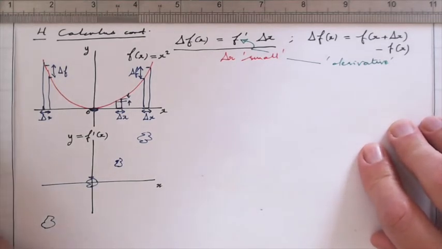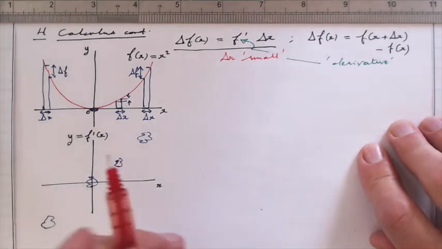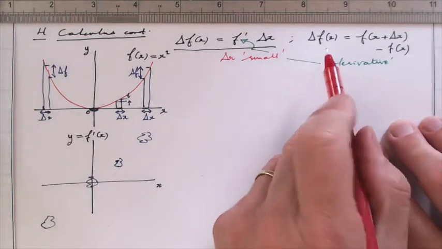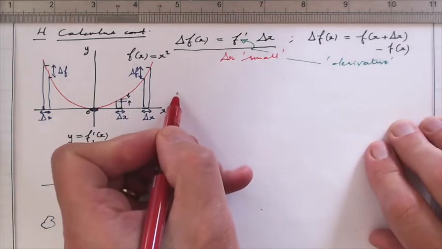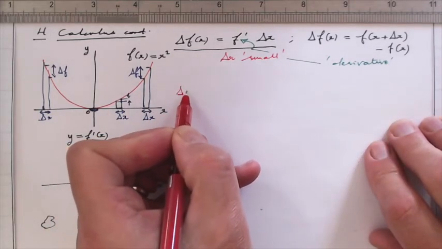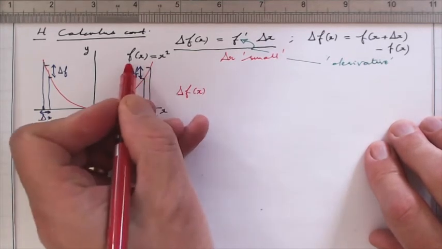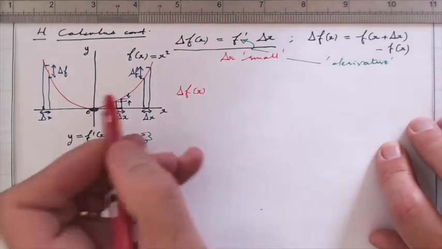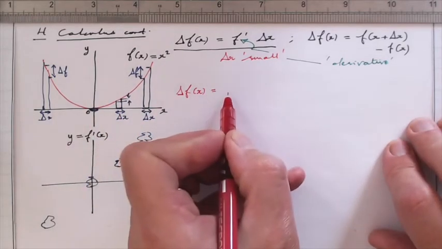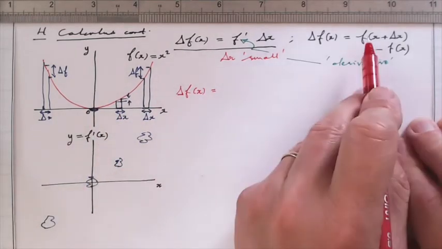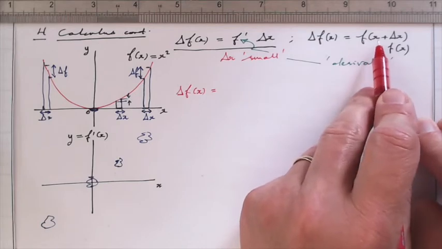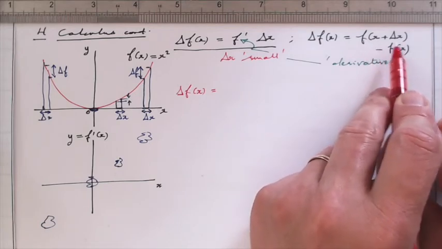And let me do this in a different color. I think I'll choose red. So we would like to calculate delta f, where f is x squared, and it's the function evaluated at this neighboring point x plus delta x.